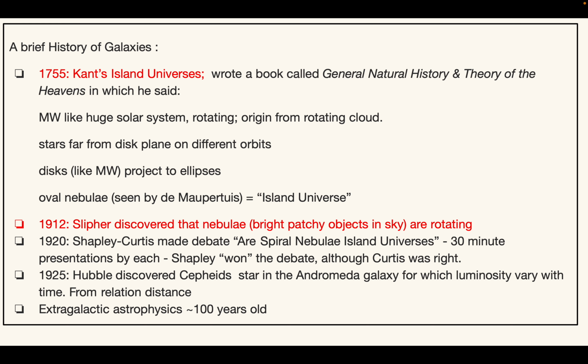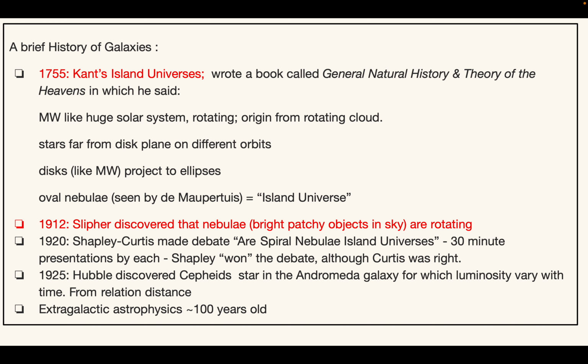In 1912, Slipher discovered that the nebulae, the bright patchy objects on the sky, are rotating. In 1920, Shapley and Curtis, two astronomers, had a debate on whether the spiral nebulae, those bright patchy objects seen in the night sky, are island universes. They each gave a 30-minute presentation.